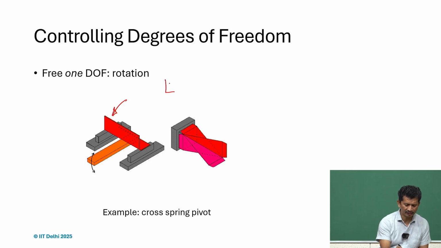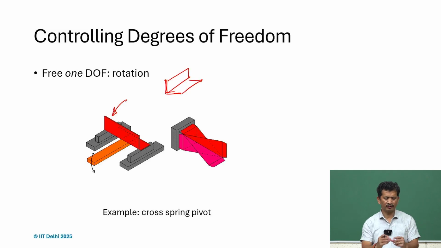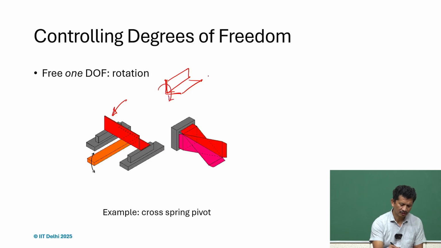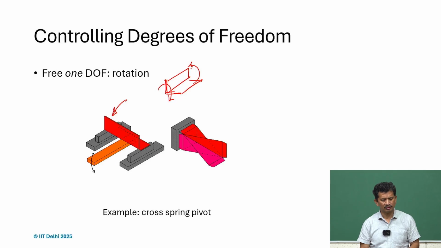So, it is an open section, and if we take this section and if we try to just twist it, they are torsionally compliant members. So, if we use these kind of members, we can also get rotational degree of freedom.